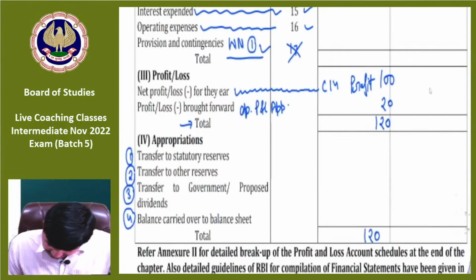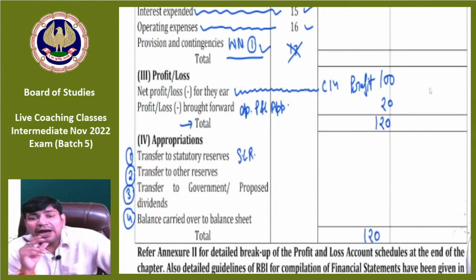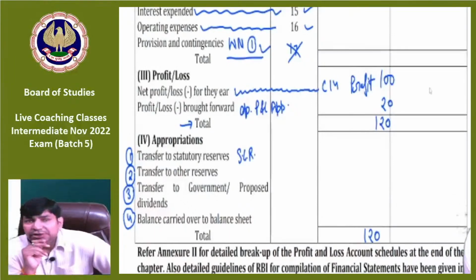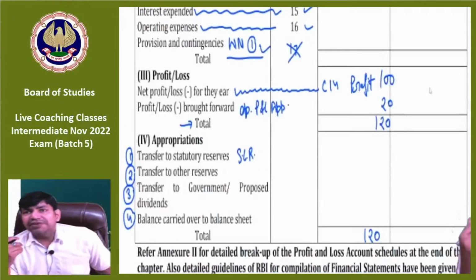Statutory reserve, here is SLR, statutory liquidity reserve. Always there is a restriction on the profit earned by a bank, so that the bank cannot fail. So the profit is kept for the future to compensate or for future reference purpose.